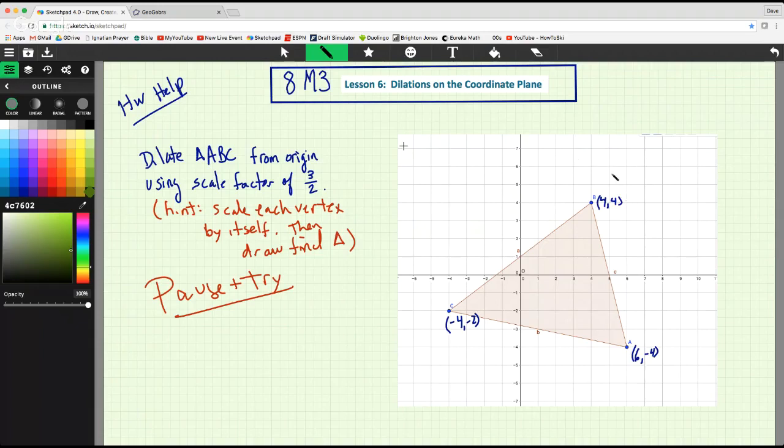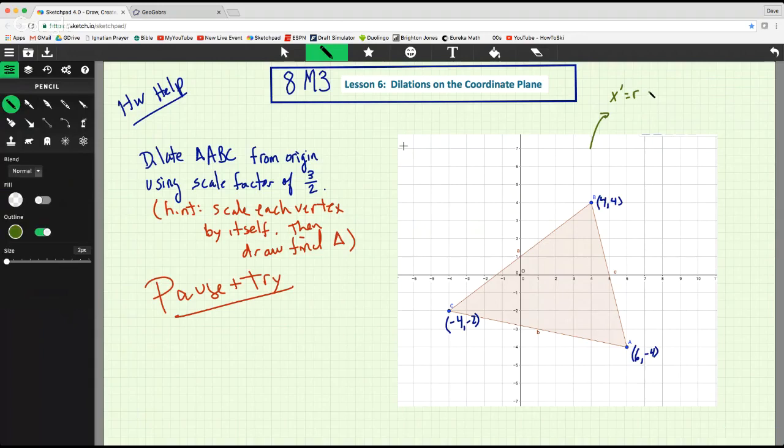So we're going to take our x coordinate here. We'll start up here with B. x prime equals r times x, let's just write it rx, and y prime equals r times y. So that's 3/2 times 4, and this is also 3/2 times 4, because that's our y, and that equals 6, 6.